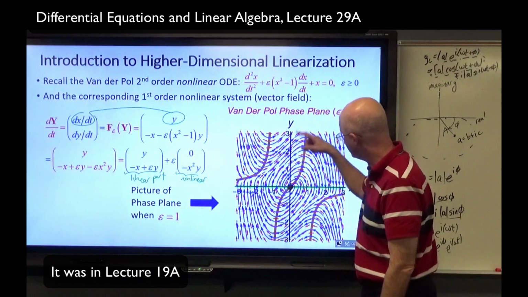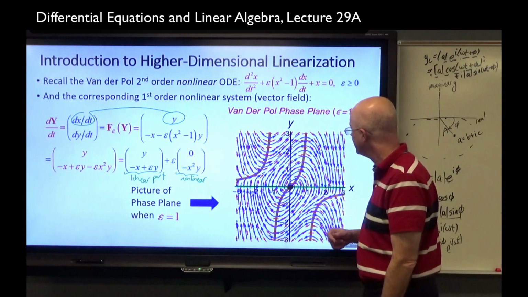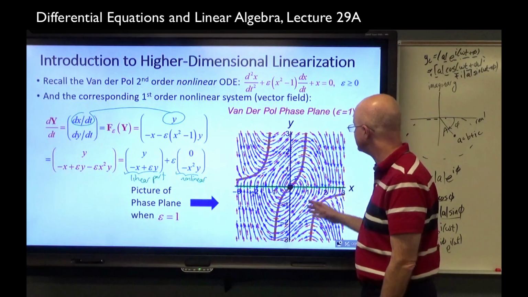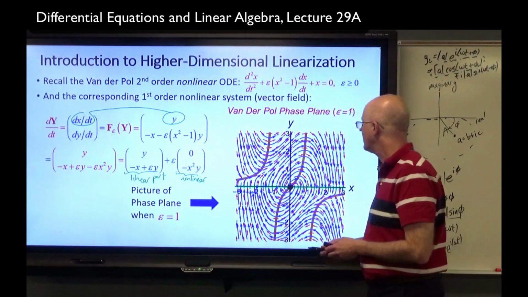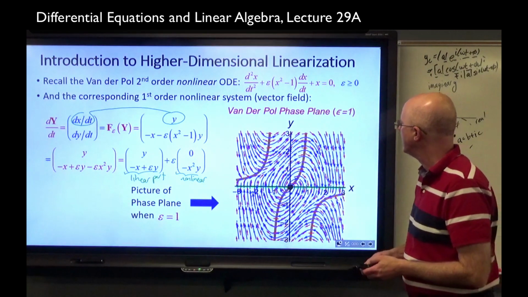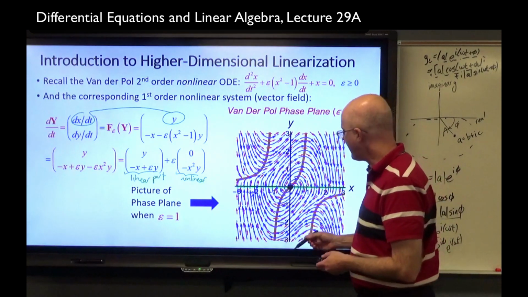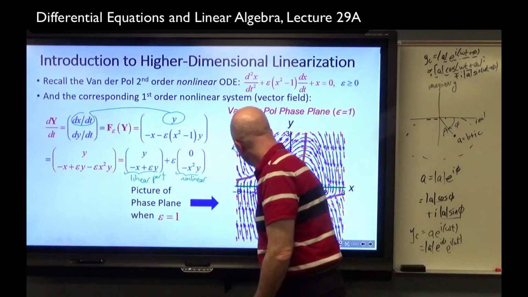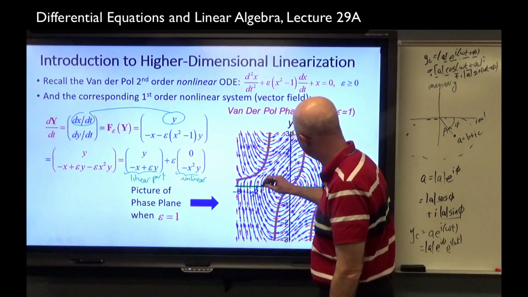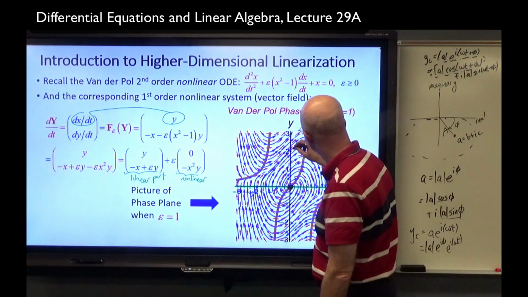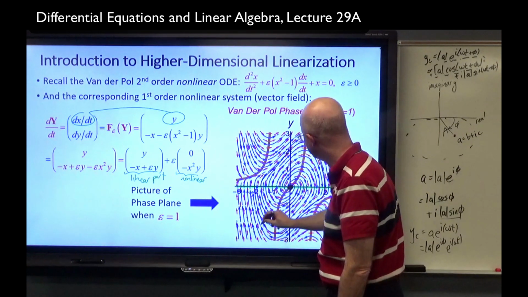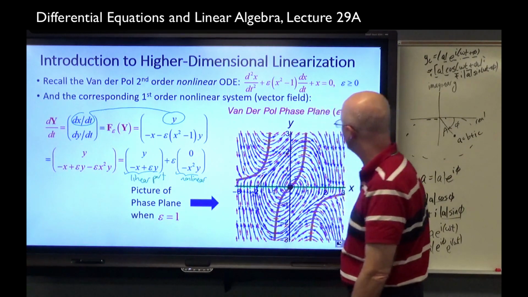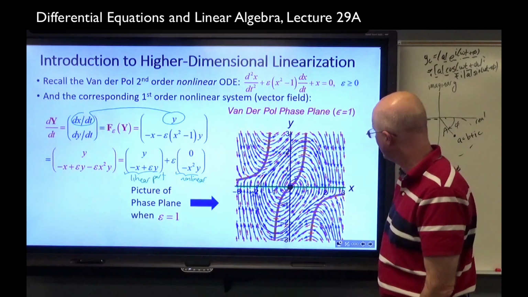The brown curves are the y null-cline, and the green line, the x-axis, is the x null-cline, so that's a different coloring scheme than I've used more recently. And we saw that this particular system seems to have a periodic solution that comes back to where it starts and looks approximately like this. We approximated it with Euler's method. Okay?